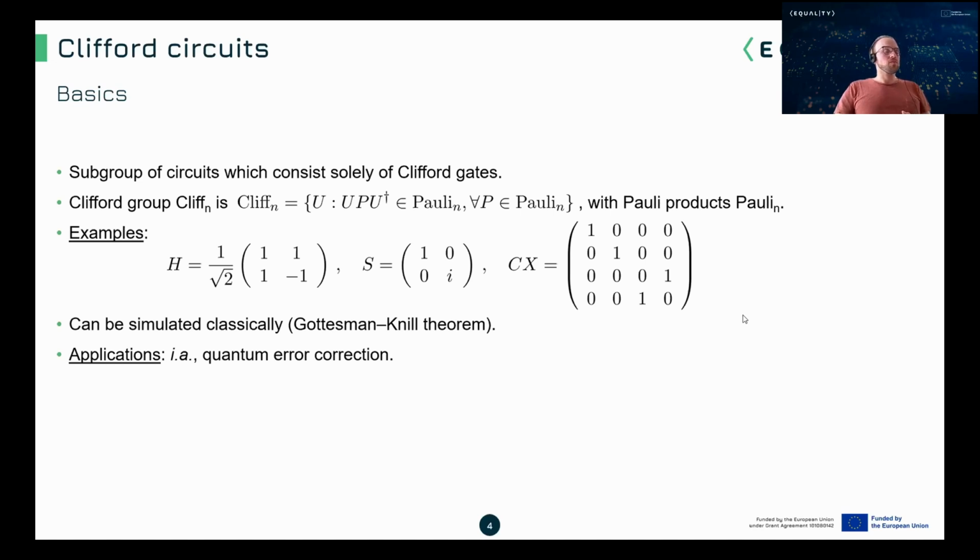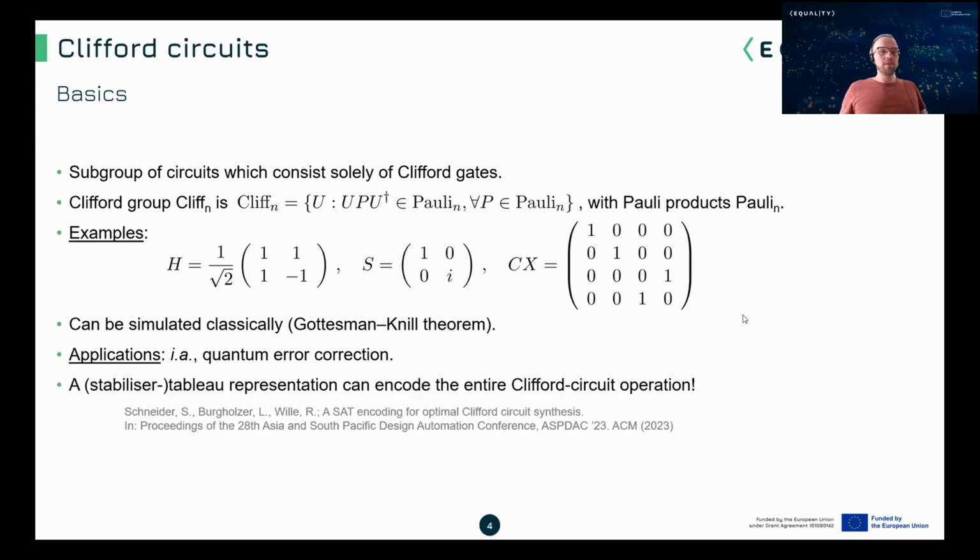And one other aspect is that even though you might have algorithms to be compiled on a hardware that are not yet only Clifford, you will still have subparts of your circuit that will be Clifford, which can then again be optimized using such a method. And one other big advantage of Clifford circuits is that they can be entirely represented using so-called stabilizer tableaus. And therefore, the entire operation of your circuit acting on the qubits can be encoded in just a single tableau.